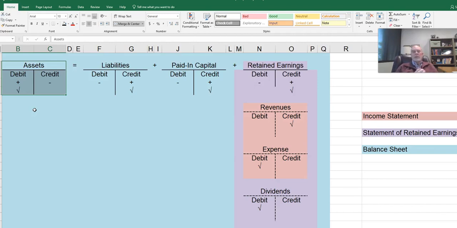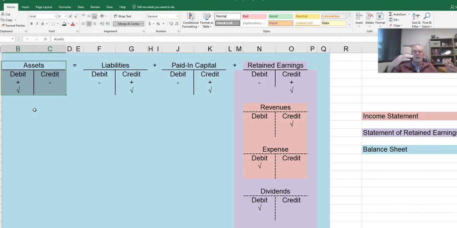Prepaid rent. As that rent expires, we record rent expense. We lower the asset and we record rent expense. We have supplies, which is an asset, and as we use up those supplies, then we're going to record supplies expense. Equipment that we purchase that lasts us for multiple periods, but as that benefit expires, we record depreciation expense.